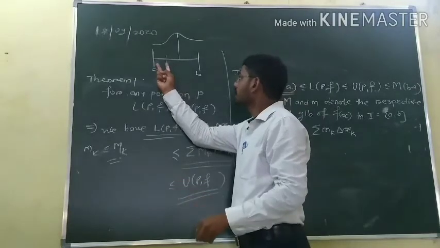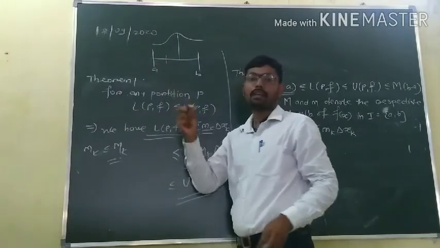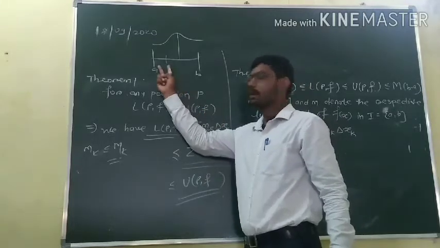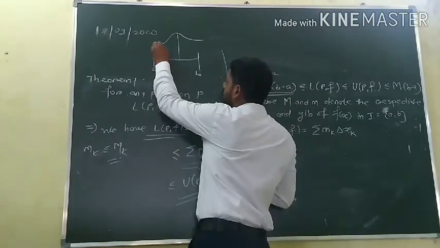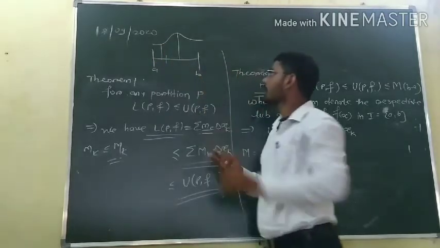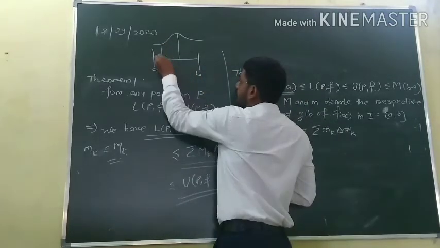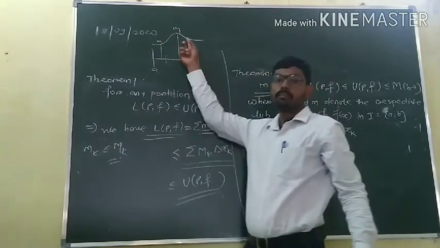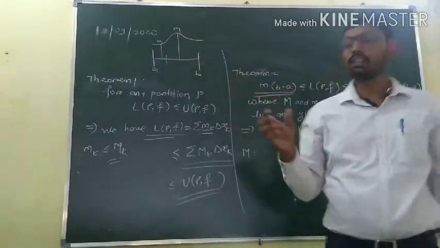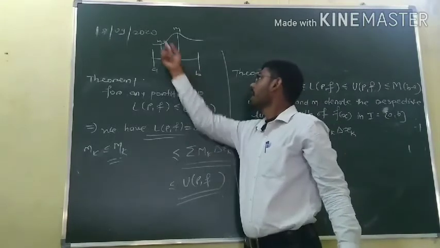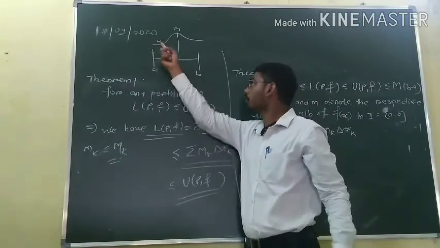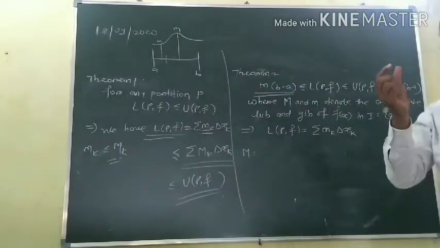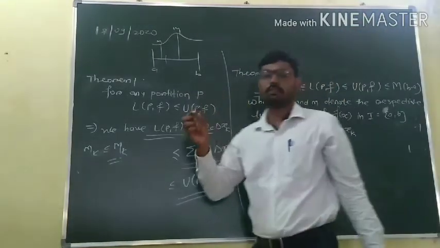In this case, we will get capital M_1, that is the maximum value of the function in the first subinterval. In this case, suppose this will become the maximum value. Okay, so this is M_1 and this is M. M means the maximum value of the function in the whole interval AB, and M_1 means the maximum value of the function in only the first interval, or M_k means the maximum value of the function in the kth interval.